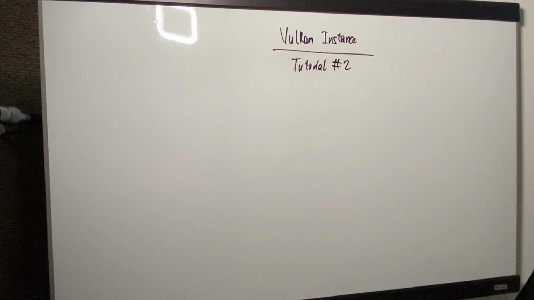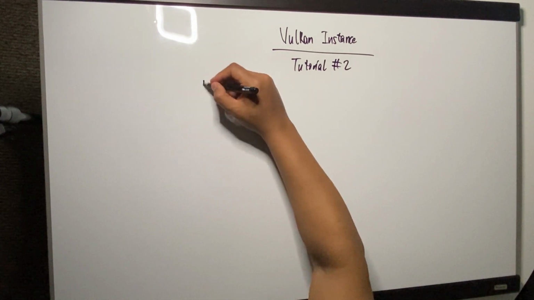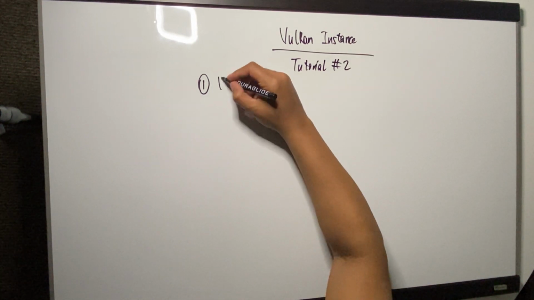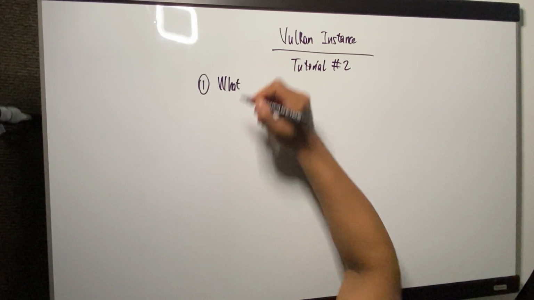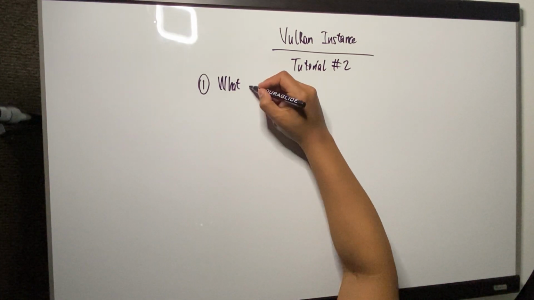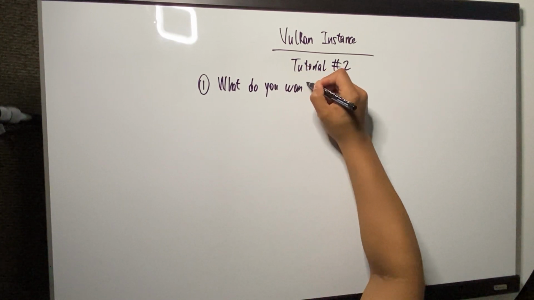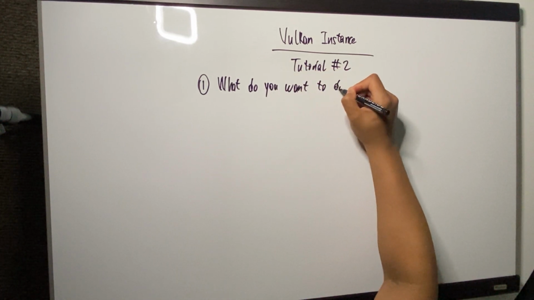So what's the purpose of a Vulkan instance? A couple things that we want to communicate to Vulkan, and it's basically a means of communicating certain things to Vulkan. So number one, what do you want to do?